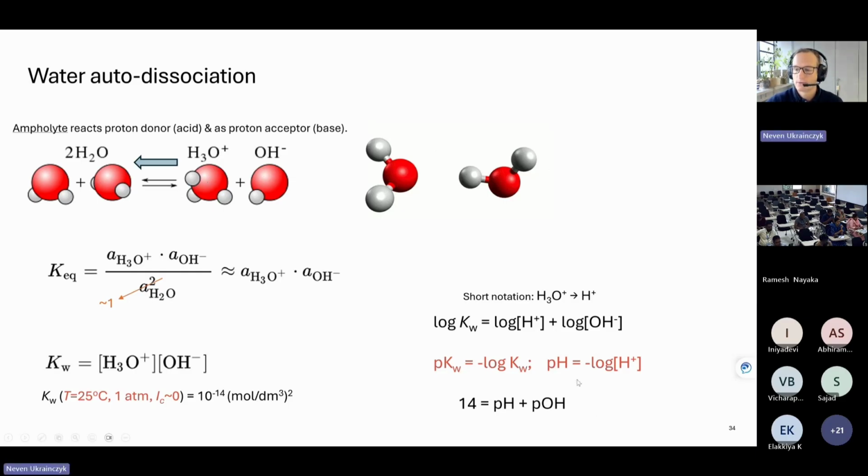So 10 to the power of minus 7, because if pH is the negative logarithm of concentration of H plus, then the concentration of H plus is 10 to the power of minus 7. So small H plus concentration you have in water, and this is measured. And then you know that you also have so much of OH minus, because it's just pure water.